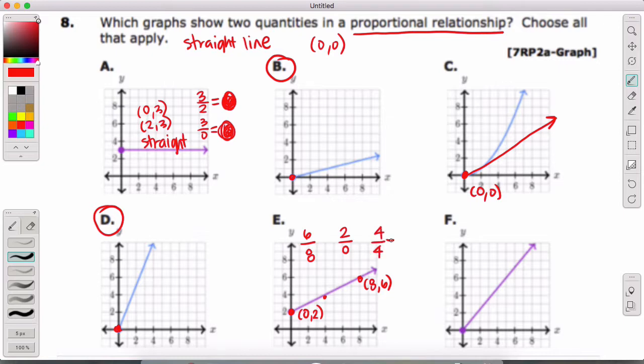So 4 over 4 equals 1, and 6 over 8, that does not equal 1. I just know that by looking at it. 8 over 8 would be 1, or 6 over 6 would be 1. So I can already say that there's no k, there's no constant of proportionality here. And the last one goes to the origin and is a straight line. That one is proportional. So B, D, and F all have a point at the origin, and all are a straight line.